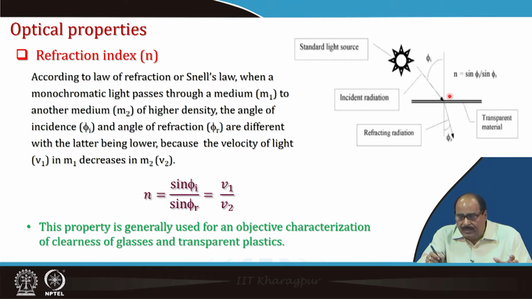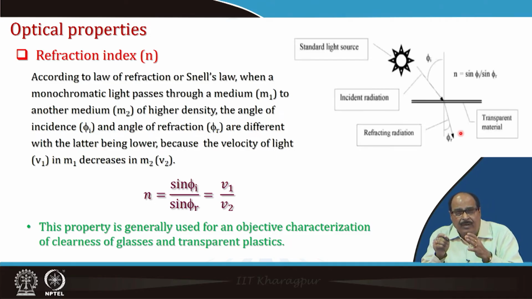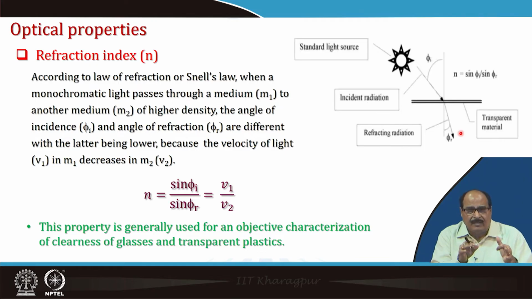When monochromatic light, as you can see here in the figure, passes from a medium M1 to another medium M2 of higher density, the angle of incidence, phi i, and the angle of refraction, phi r, are different, with the angle of refraction generally lower, because the velocity of light v1 in M1 decreases in M2.